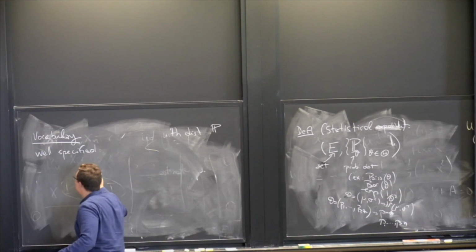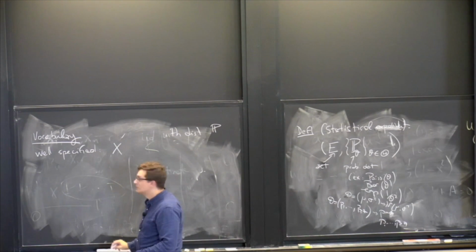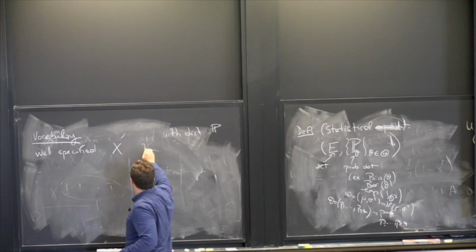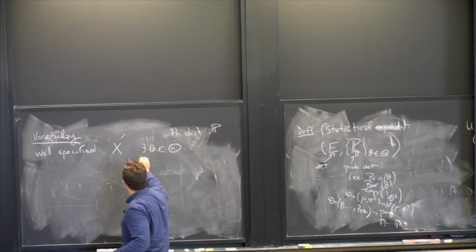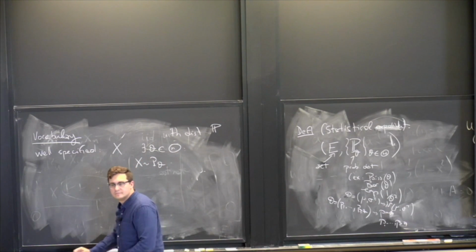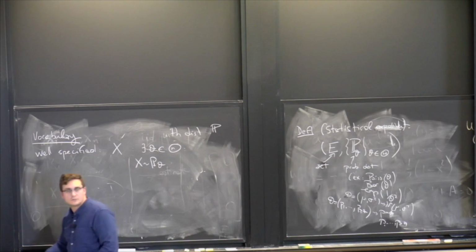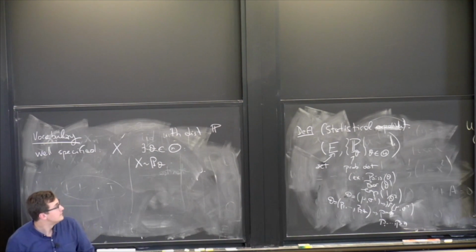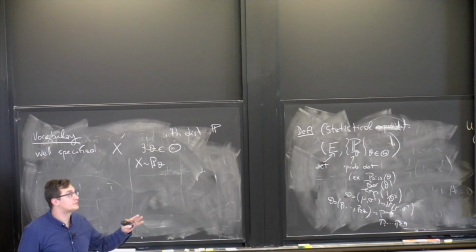Well-specified means that for my observations X, there exists a theta in capital theta such that X follows P sub theta. I should put a double bar. Okay, so that's what well-specified means. That means that the distribution of your actual data is just one of those guys.